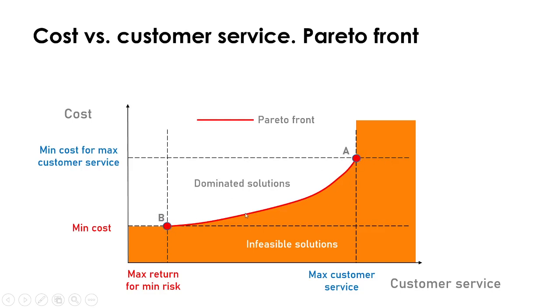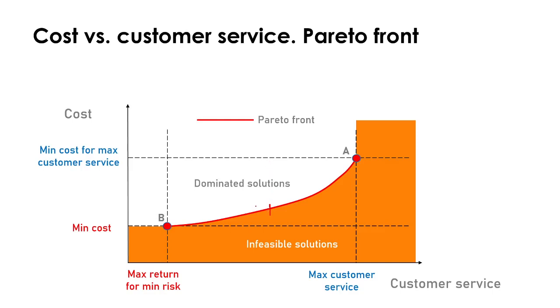And once we have the extreme points, we would like to have all the points in between. So, for example, for any point here, this solution I'm selecting right now, anyone that is on its vertical line is a solution that for the very same customer service is more costly, so it's dominated.